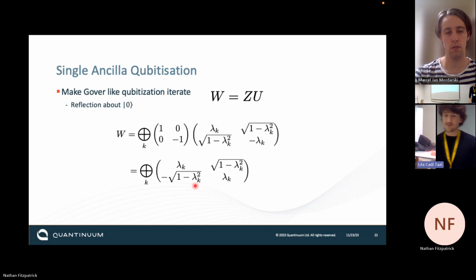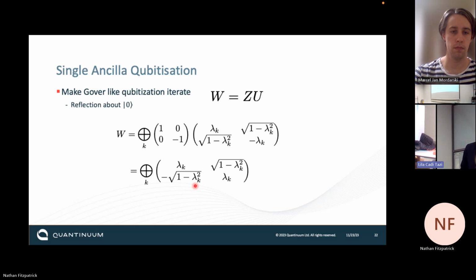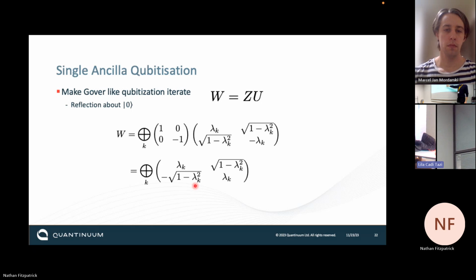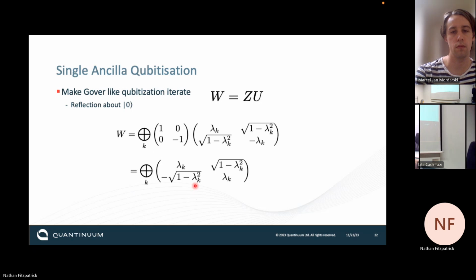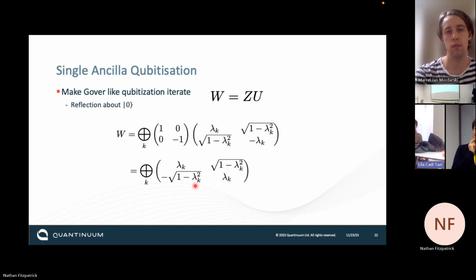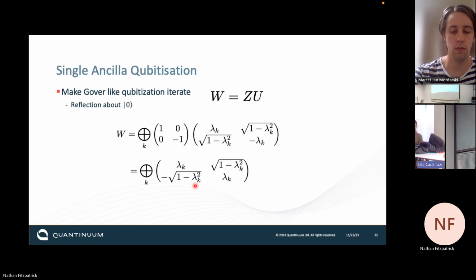What this means is that by applying the Z to this single qubit subspace, we take this negative and apply it onto the off-diagonal. Now this gives us more freedom, and as some of the observant among you might recognize, this is an RY gate. It's now a rotation.